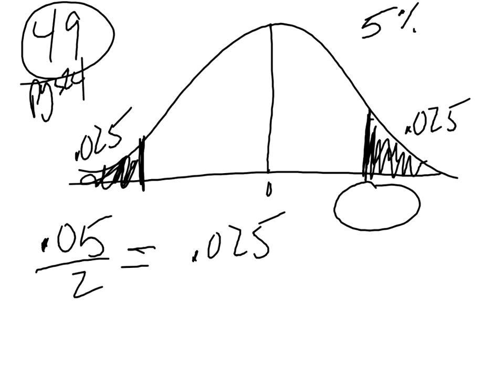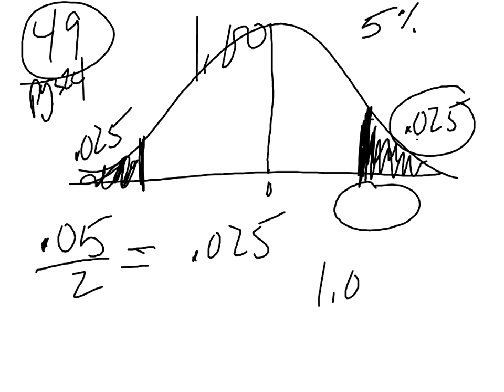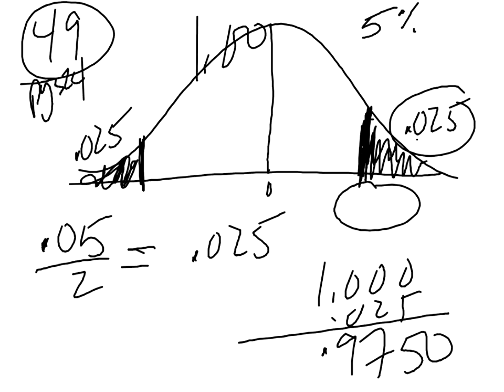Now, the next thing we need to do, and this is where I think you'll see the problem isn't so bad, is remember the table will give us the area to the left. In other words, if all this area in the table is 1.00, if we subtract 0.025 from 1, it leaves us 0.9750.